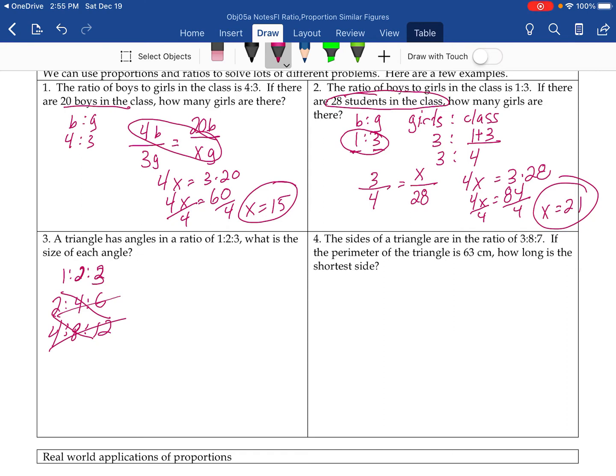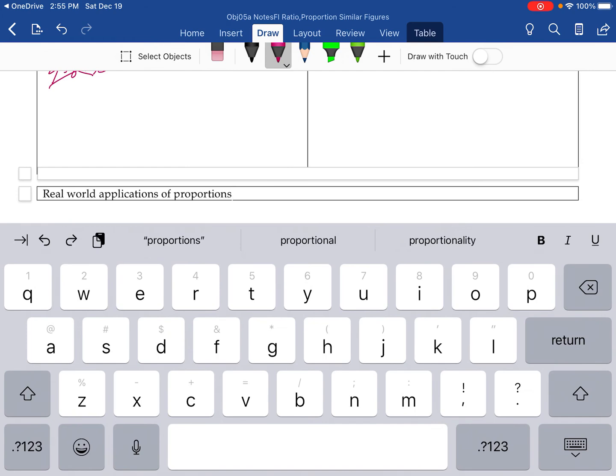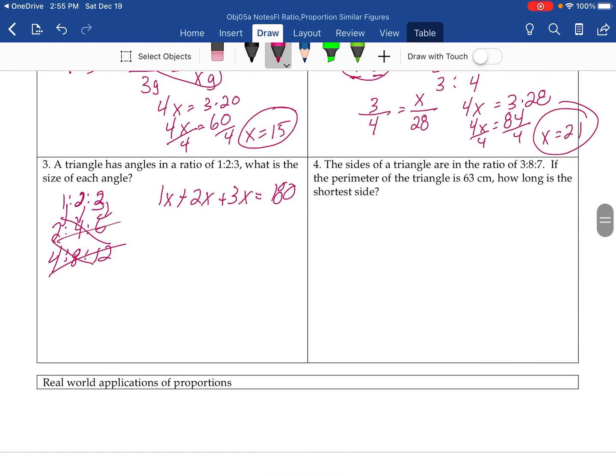So one thing that you can do is, I know 1 times some number plus 2 times some number plus 3 times some number is going to give me 180. What I'm doing is multiplying each part of the ratio by some number to get me to 180. So I just add this up, 1 plus 2 plus 3. This is going to be 6x equals 180.